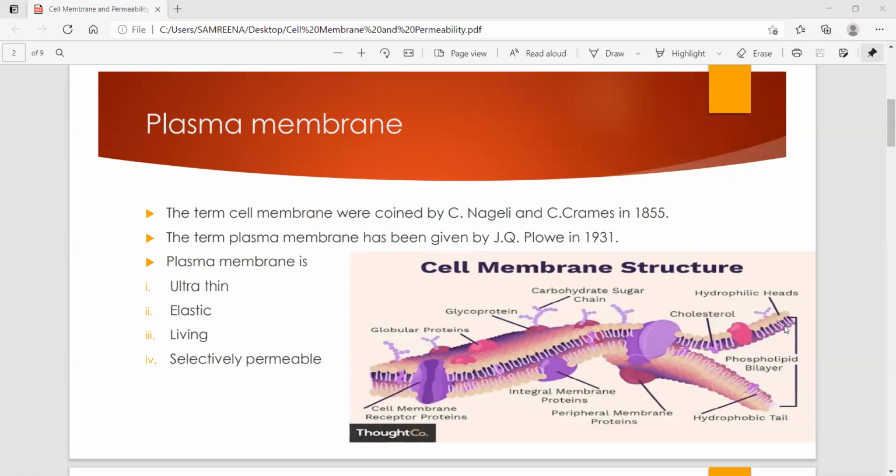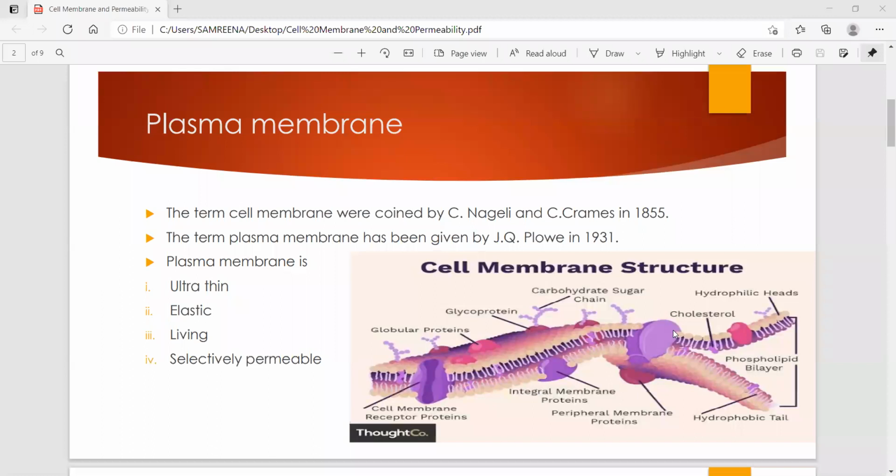We have the lipid bilayer, then proteins and carbohydrates. Glyco means carbohydrate. See, the carbohydrate sugars are directly attached on the outer surface of the plasma membrane. The carbohydrates are attached only on the outer side.